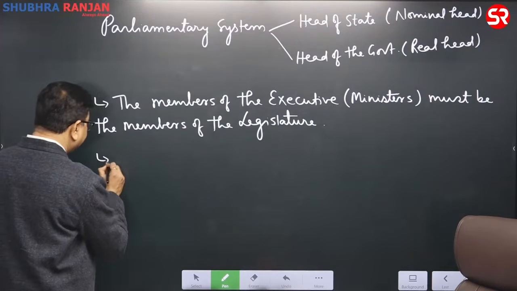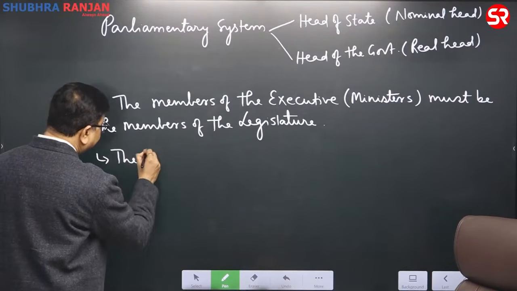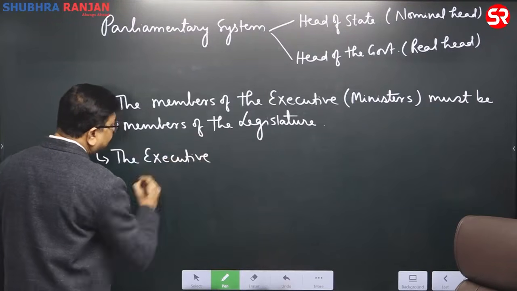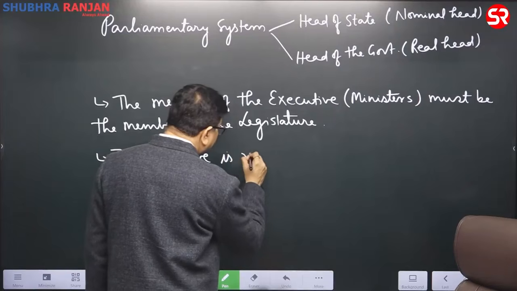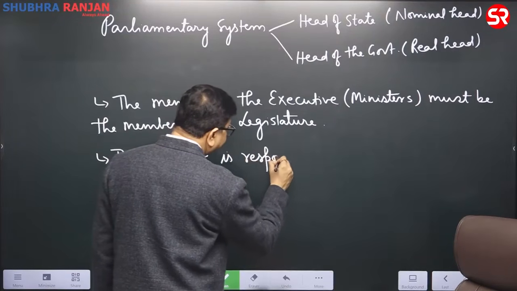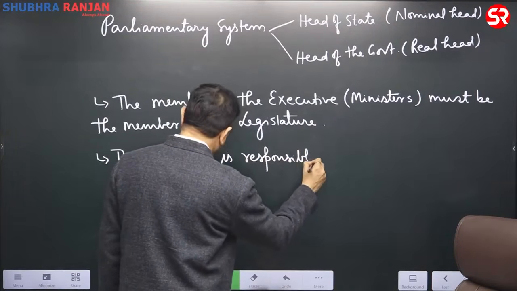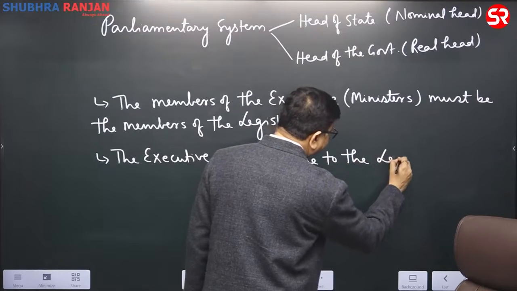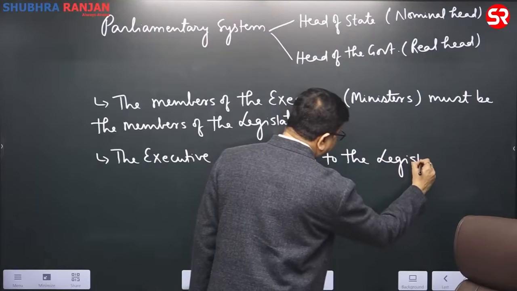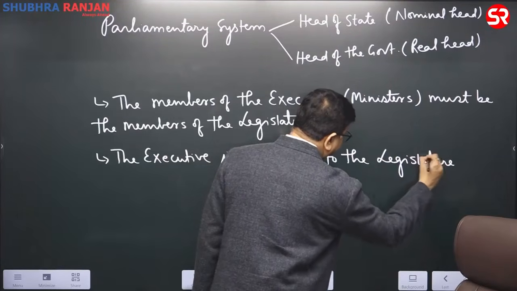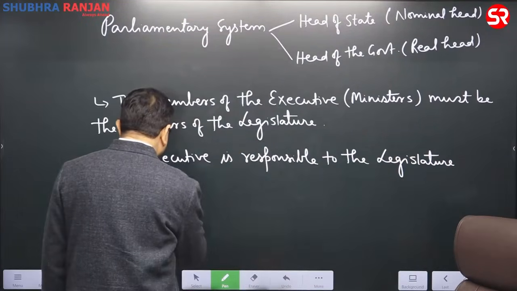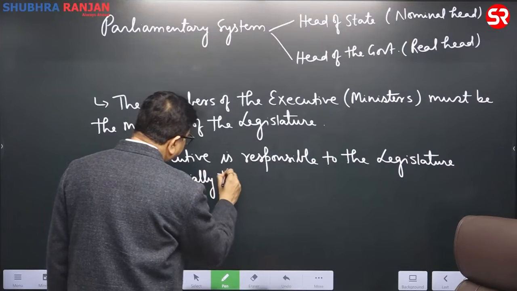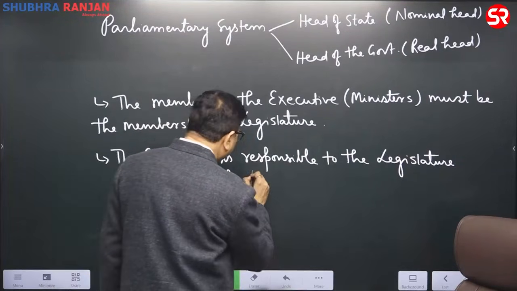And thirdly, the executive is responsible to the legislature, especially the lower house.